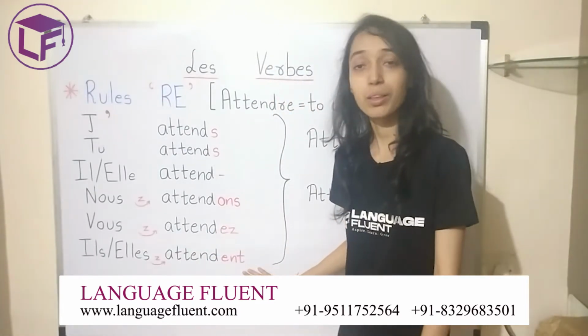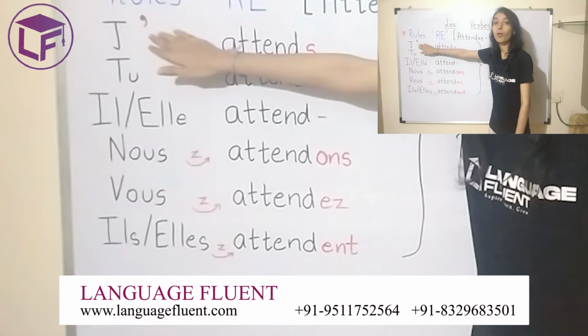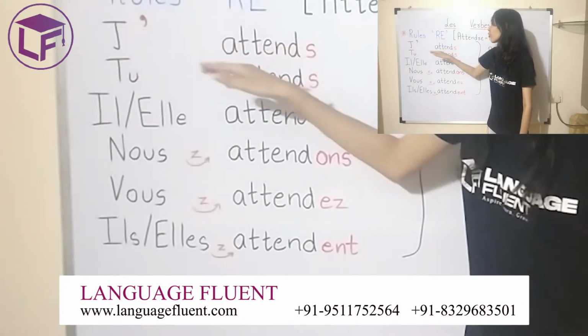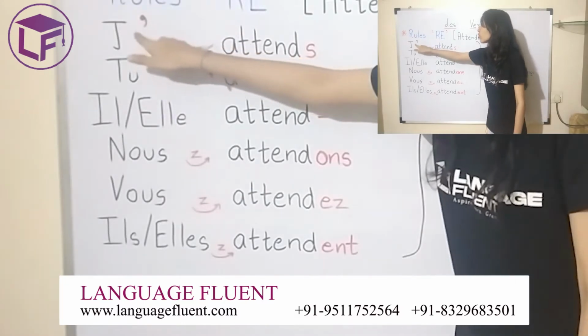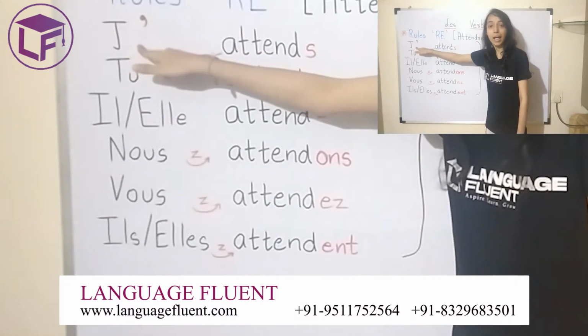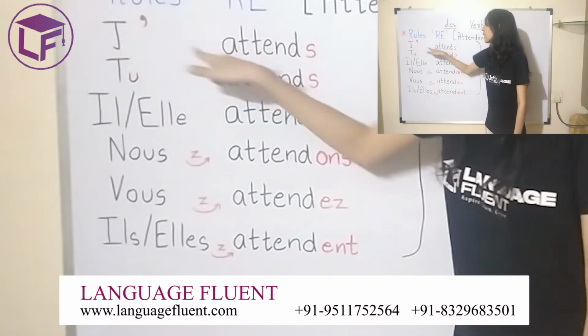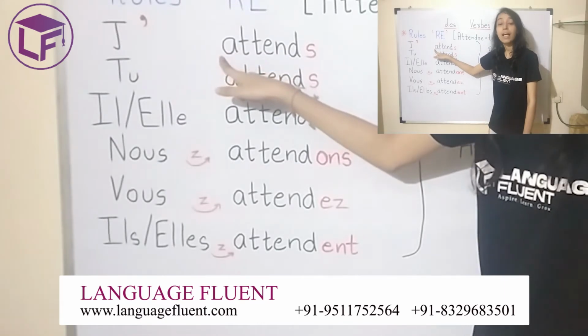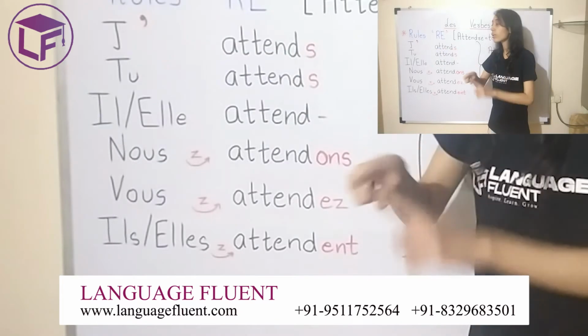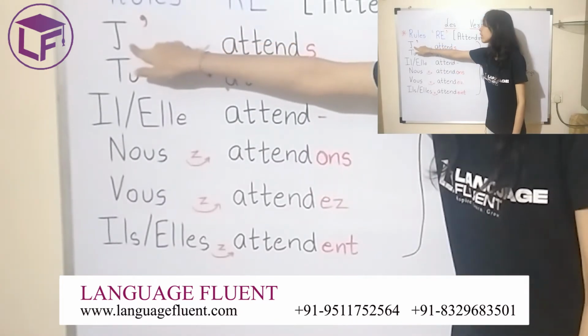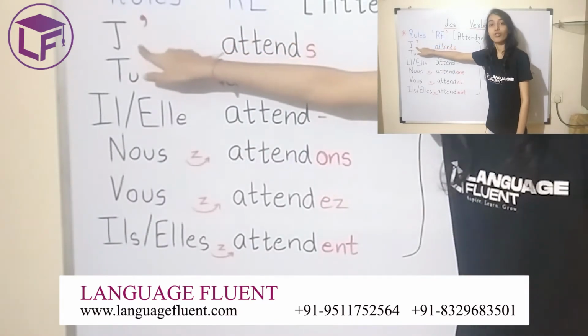Now another rule is that in je form we add an apostrophe as the verb starts with a vowel. So here je has E but I haven't written E because E and A are vowels, and when two vowels in je form clash together, we don't write E, instead we add an apostrophe.